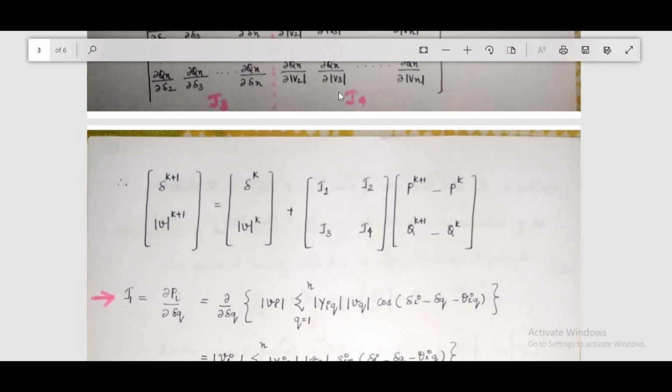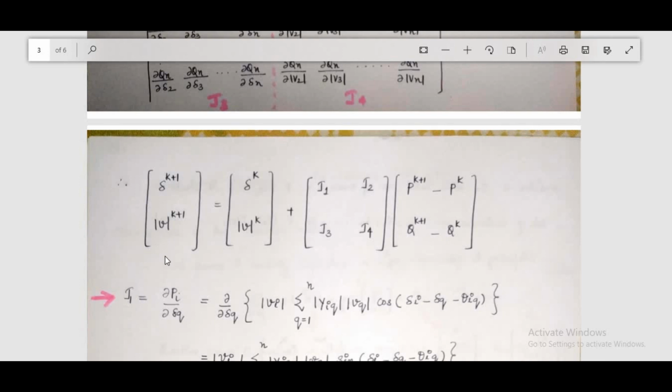Okay, instead of writing this entire matrix, we have simplified the matrix like this. Clear? Now, instead of writing the entire delta, you have represented it as a single delta. We didn't put here 1, 2, 3 like that. Instead, we just represent it as delta.